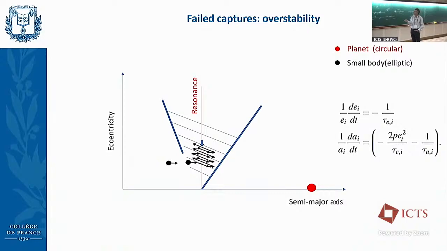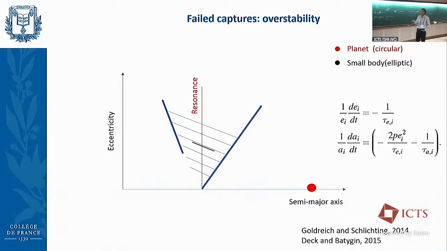And this term depends on the eccentricity. When you are on a libration, the eccentricity changes from one side of the libration to the other. So even if on average this term is cancelled, it's not cancelled at the extremes. Because the amplitude of this term is proportional to the eccentricity, there is a negative damping of the semi-major axis, which is higher here than here.